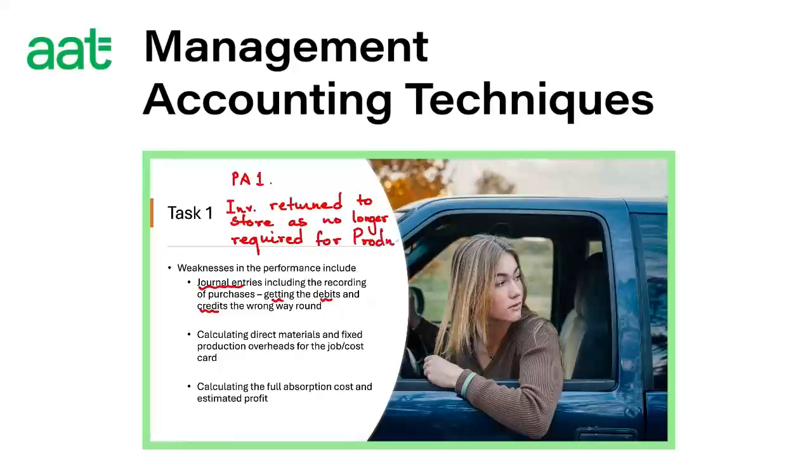Now, you've got to be careful with this one. Unless you read "returned", if you thought this said issued to production, then the double entry would be debit production, credit inventory.